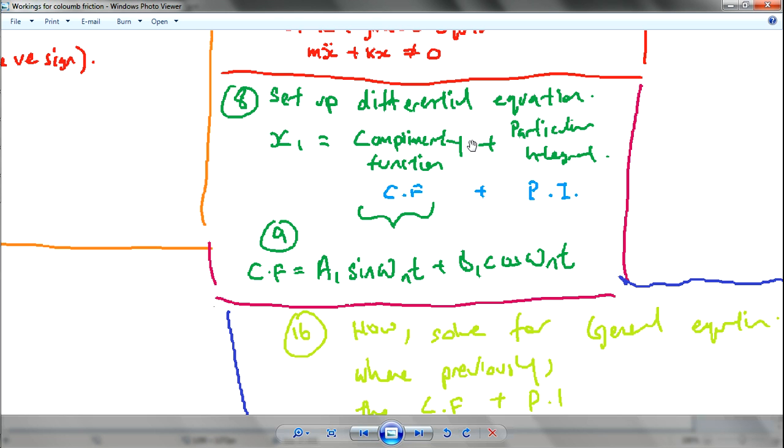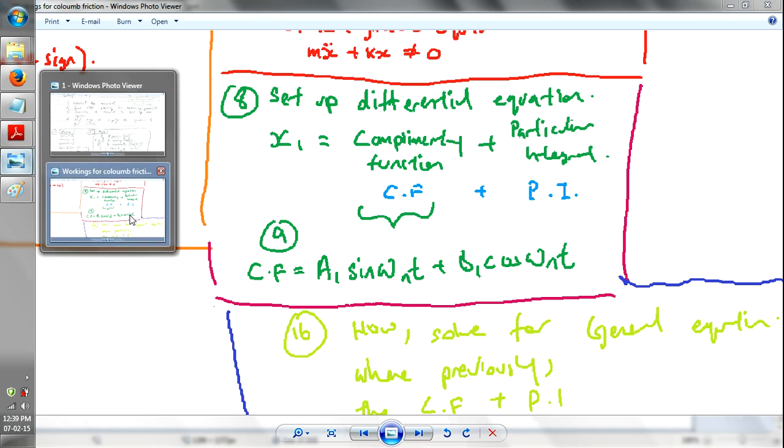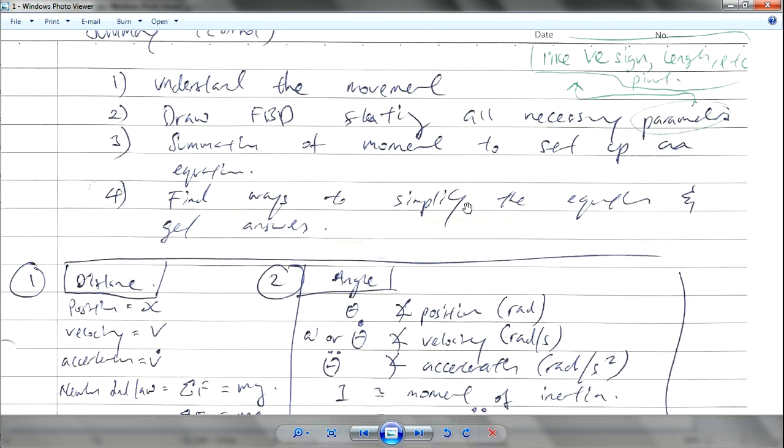The key difference why there are so many equations out there for second order is because you plug in a different complementary function and a different particular integral. This is why, when we reach this stage, we find ways to simplify the equation and get answers.